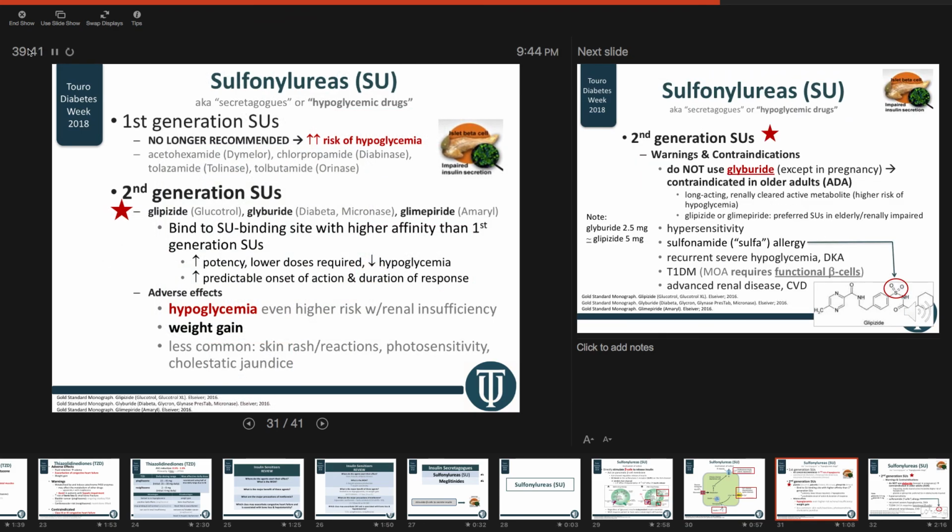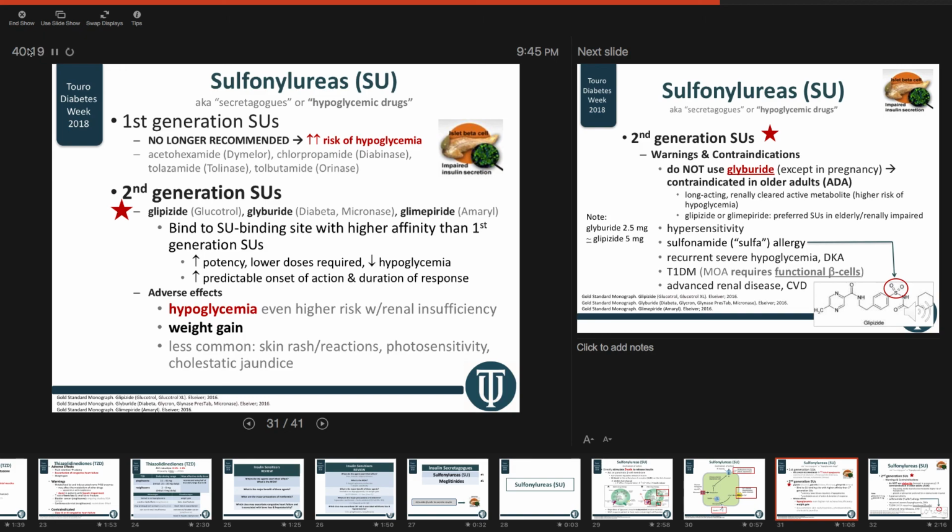Also, with this higher potency of binding to the receptor, the effect is more predictable in terms of the onset of action and the duration of action. As I mentioned earlier, even though it's a lower hypoglycemia risk compared to the first generation, hypoglycemia is still a risk, especially when patients' kidney functions are low.